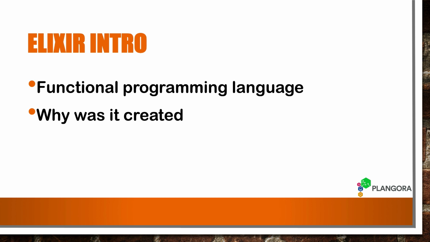Now, Elixir was created by a guy named José Valim. He wanted to find a better and easier way to run code in parallel. Now, José Valim was actually in the Ruby programming language community, and he was one of the people in the core team of Ruby on Rails. And he started to look at how we can better run Ruby, or better run code itself, in a parallel way.